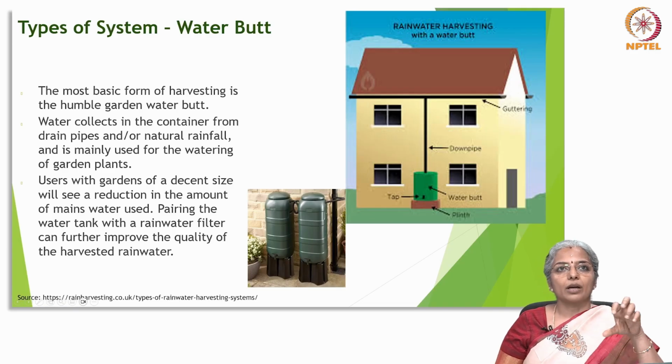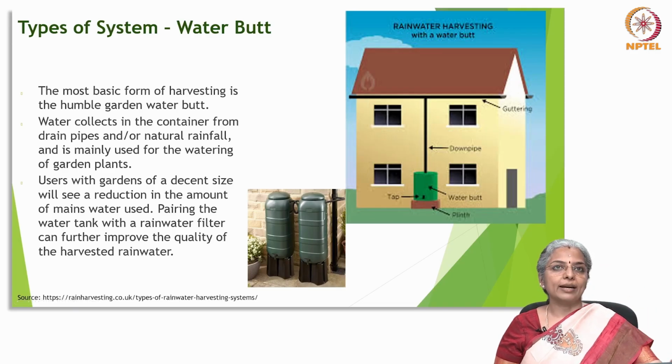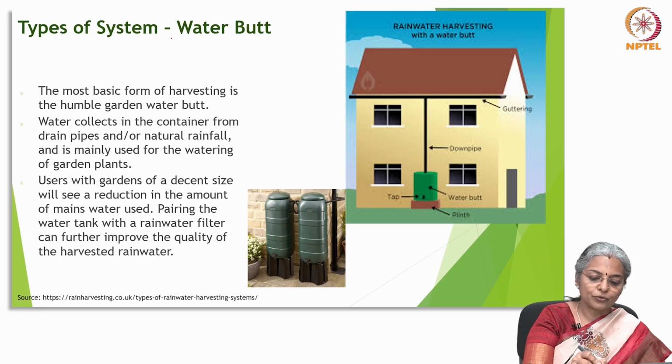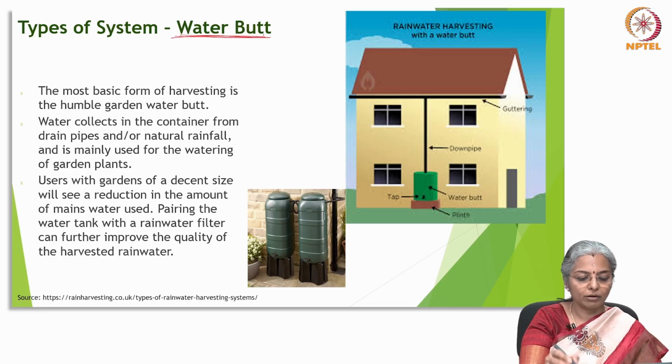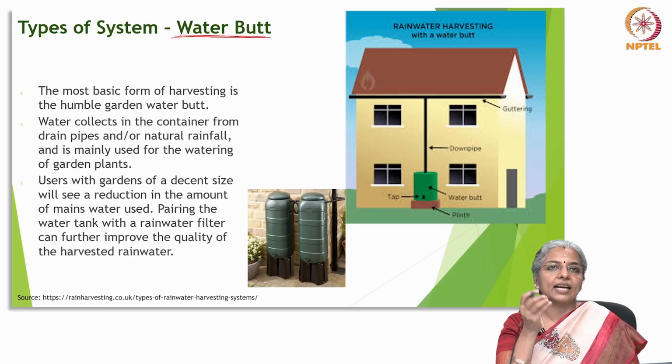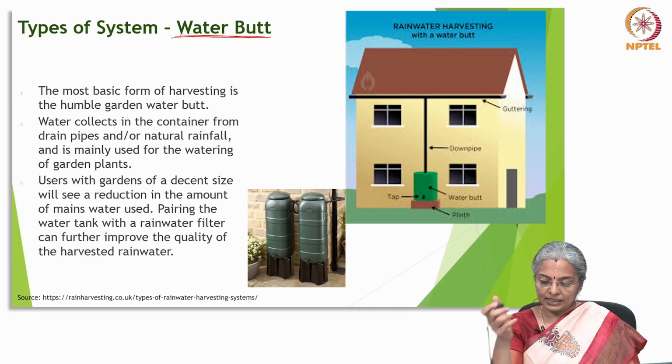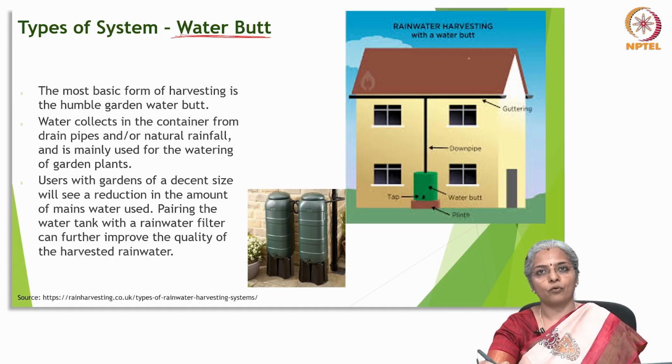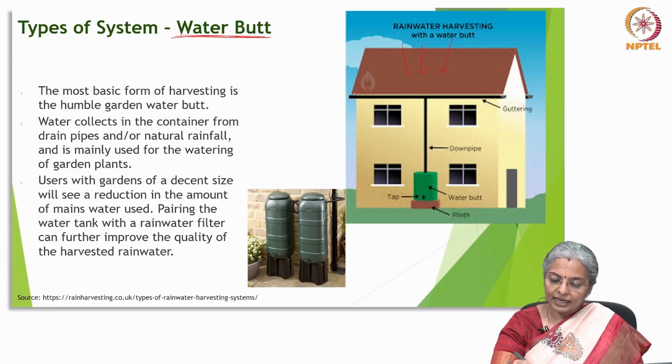Let us see the different types of rainwater harvesting systems. First, we will see the water butt. This is the most basic and simplest form of harvesting rainwater, and this is because of a humble garden water butt. What happens in this is, the rainwater that falls on the terrace, here there is a gutter.